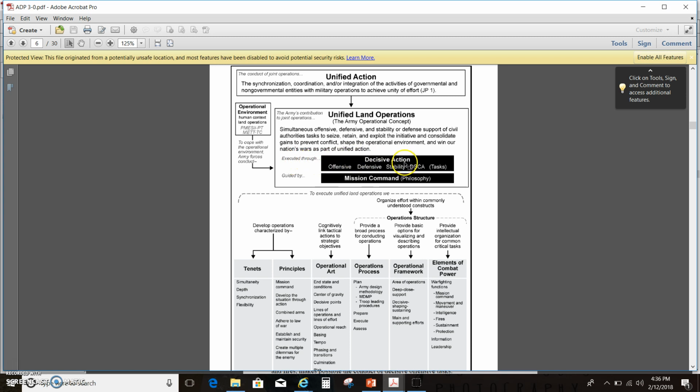All right. With the offensive, defensive, stability, and DSCA, or defense and support of civil authorities tasks. All right. So that is how the offense is nested with decisive action, which is nested with unified land operations, which is nested with unified action, and the conduct of joint operations. All right.